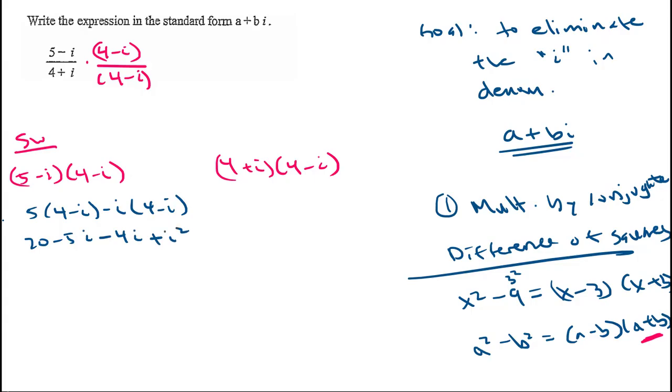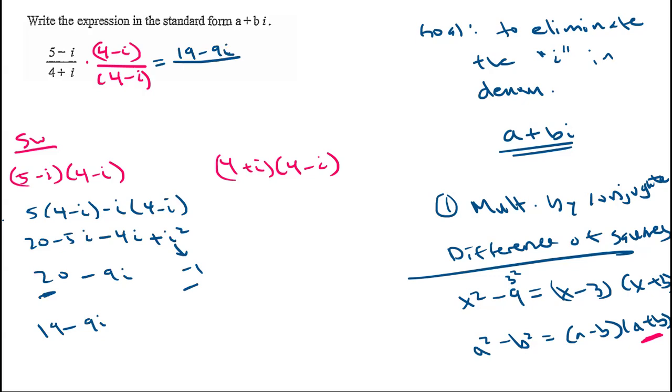Now, I squared, remember, is equal to negative 1. So this is going to give us 20 minus 9I minus 1. Then we combine like terms. 20 minus 1 is 19. So this would be 19 minus 9i. All right, so that's what I'm going to get on top. We're going to get 19 minus 9i.